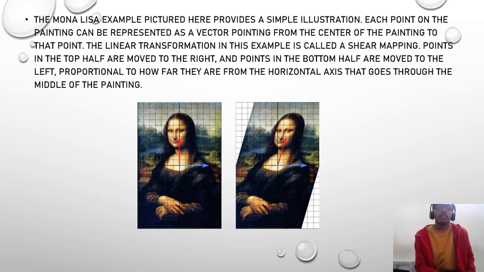Points in the top half are moved to the right and points in the bottom half are moved to the left, proportional to how far they are from the horizontal axis that goes through the middle of the painting.